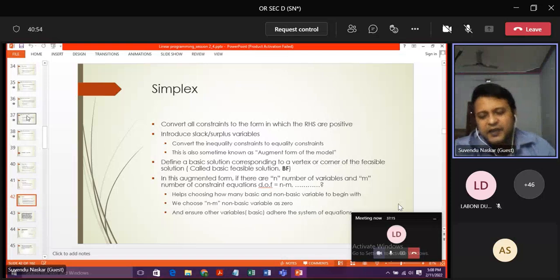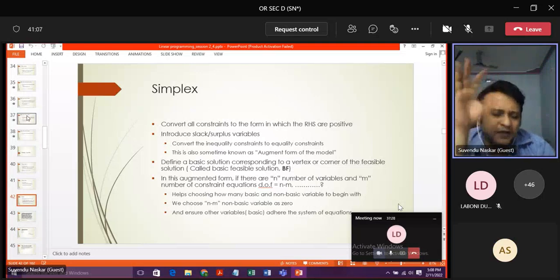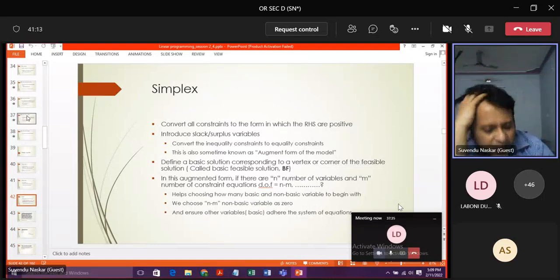For example, in the Eckert and EC instance, we have seen 3x1 plus 5x2 as my Z. The objective function Z is to maximize 3x1 plus 5x2. So practice it on paper: how to write the equation, how to form the Excel, how to solve it, and the graphical interpretation.